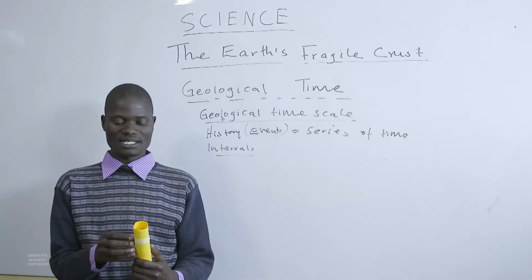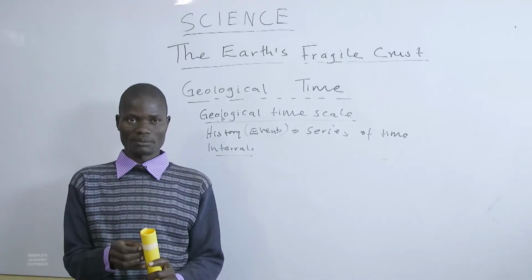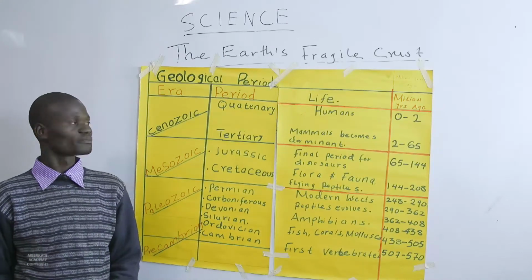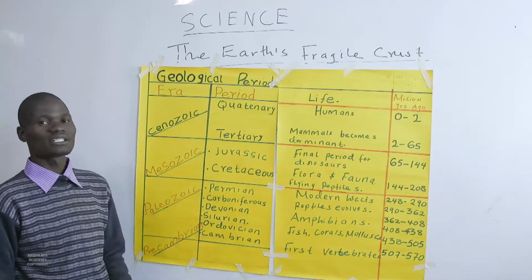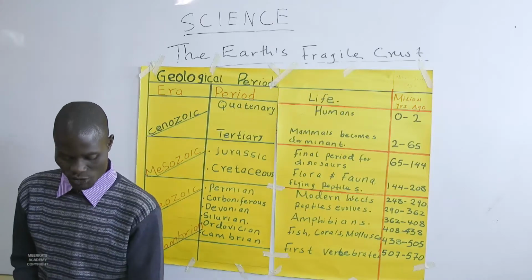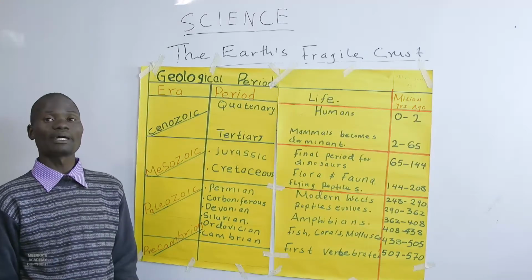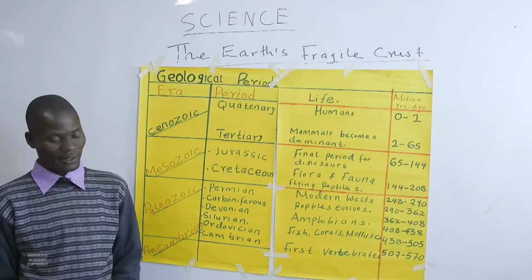When we look at the chart, the geological period has been subdivided into various historical events that have ever happened on planet Earth.